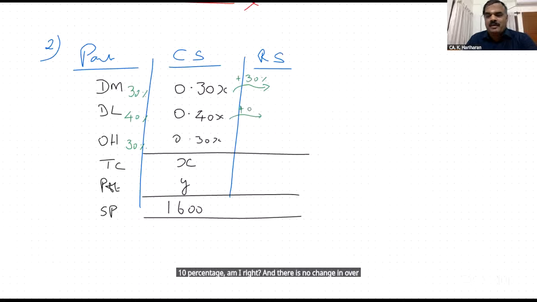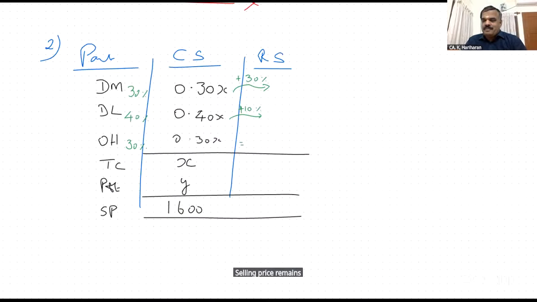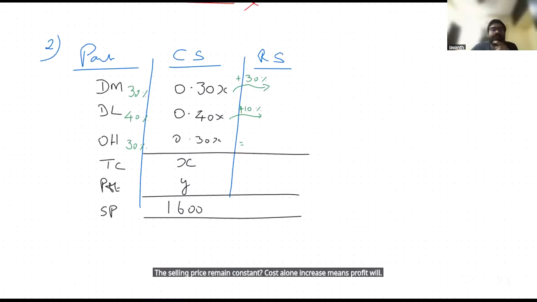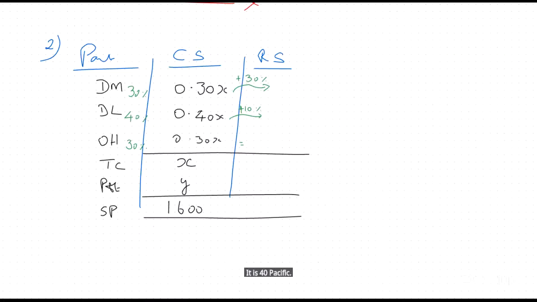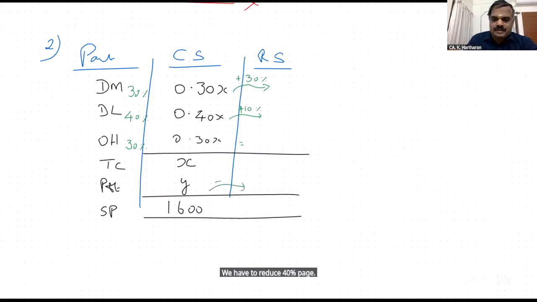Material cost increased by 30%, labor cost increased by 10%, and the selling price remains the same. If the selling price remains constant and cost alone increases, profit will decrease. The reduction in profit given is 40%.